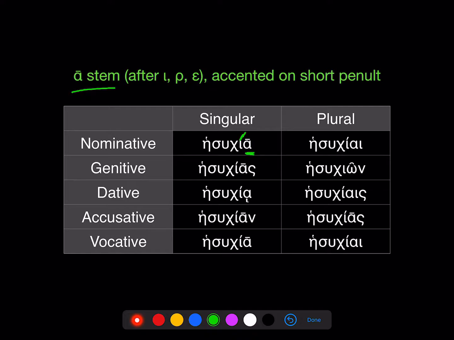And this is actually the easiest thing, right? It stays exactly the same, an acute over the iota throughout, except here. Look, it's a circumflex over that omega. And this is true of all first declension nouns. The genitive plural always has a circumflex over that ultima. Other than that, the accentuation of this is super easy. The accent gets to stay just exactly where it wants to be over that iota.